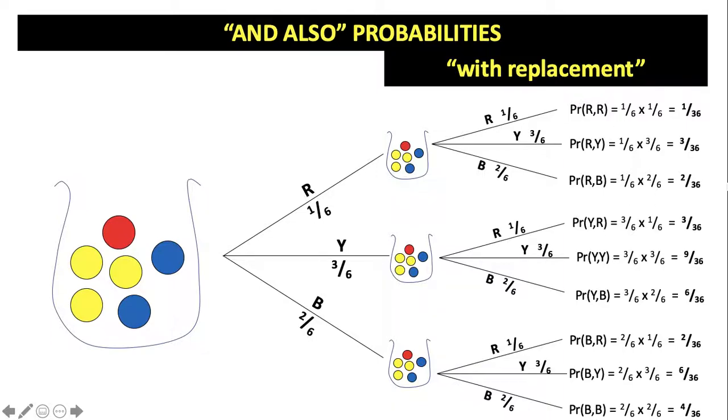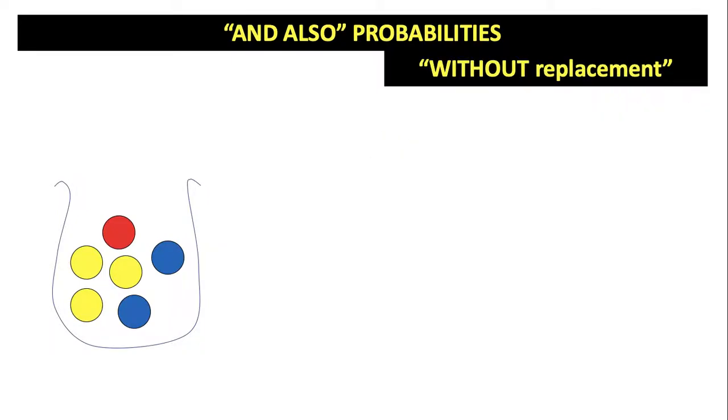Okay, so that was with replacement, but it's a different story if you are not replacing the balls. So let's say without replacement. Now this would be the same as if you picked 2 at once, because you can't pick the same one that you've picked on the first one.